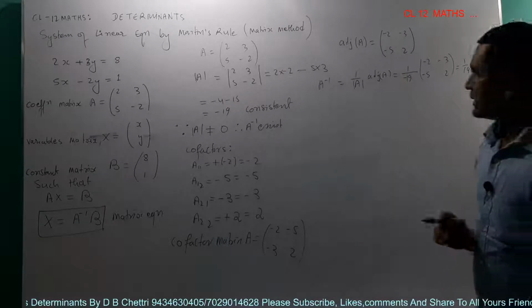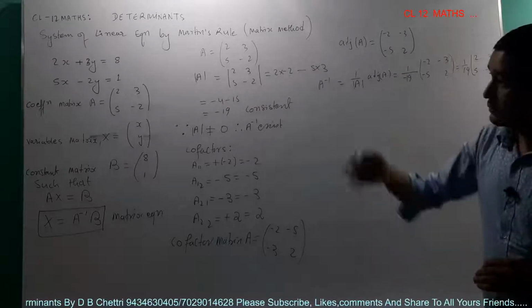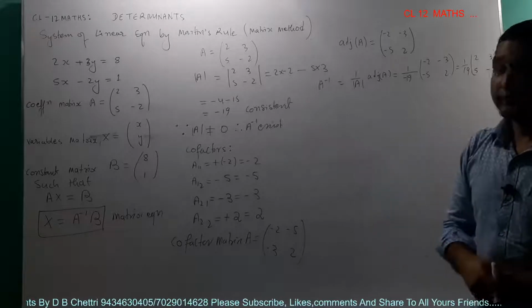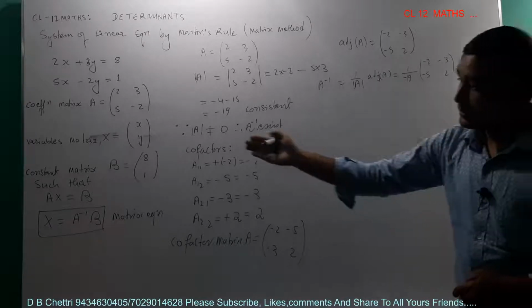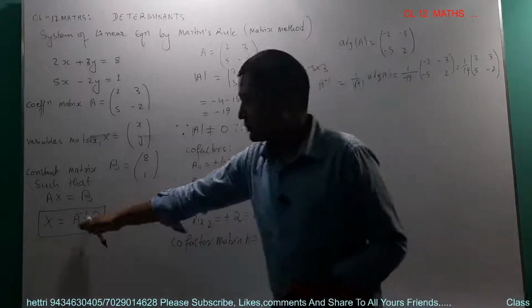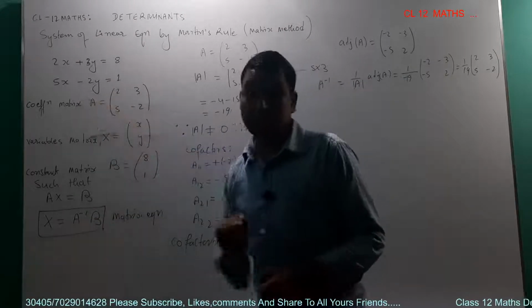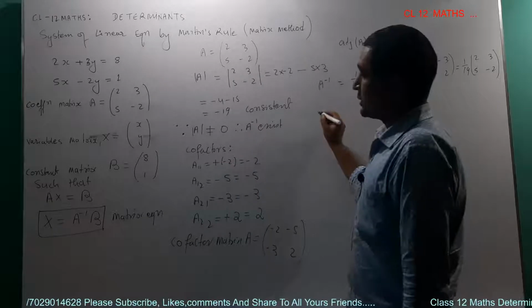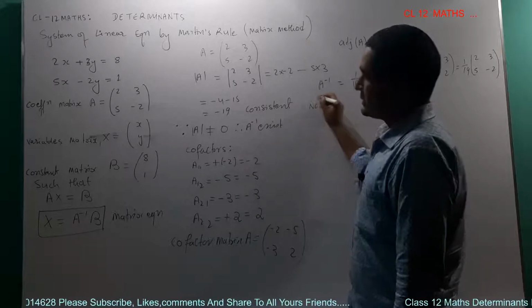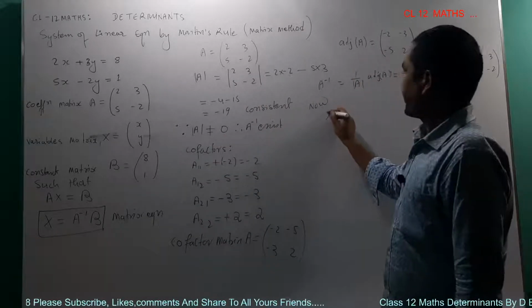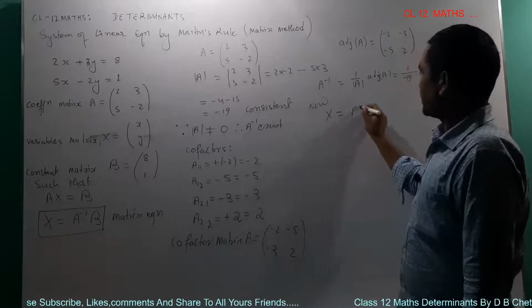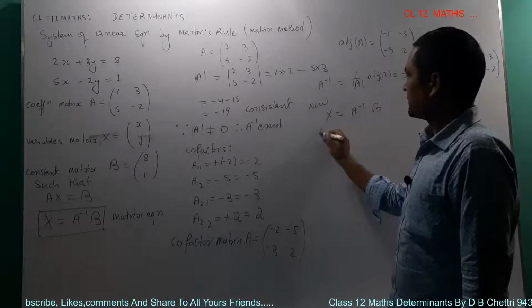After getting the inverse of the coefficient matrix, we'll use the matrix equation formula to solve the equations. Now what is the formula? X equals A inverse B. Now substitute the values.